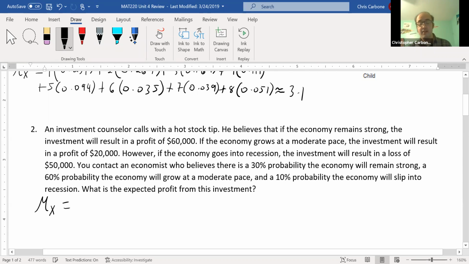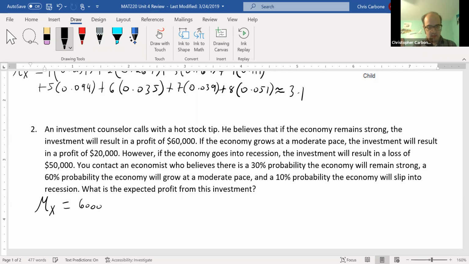So we're taking the mean of this discrete random variable. This would be $60,000 times the probability of 30% for the economy remaining strong. For the moderate pace one, this was a profit of $20,000 times the probability of 60%.